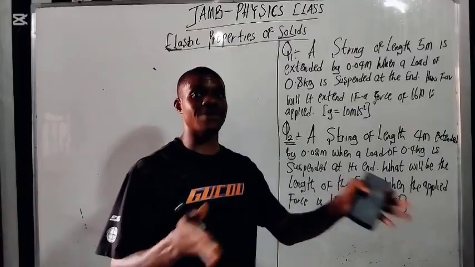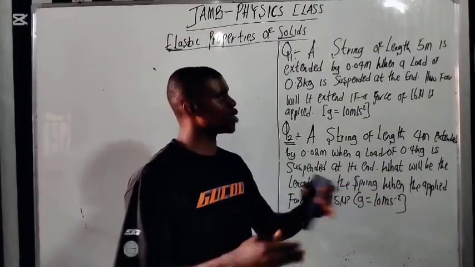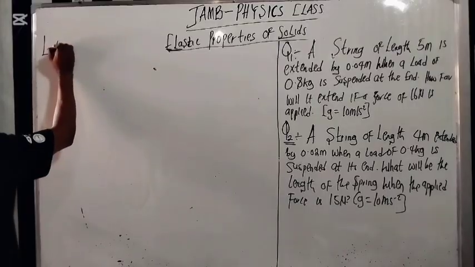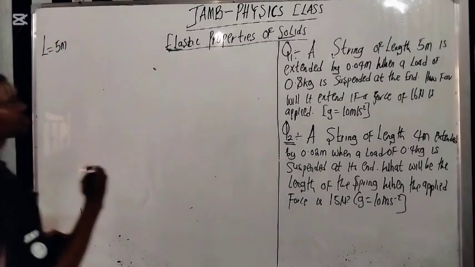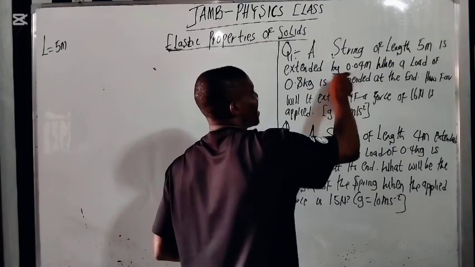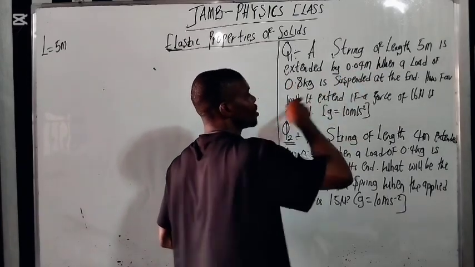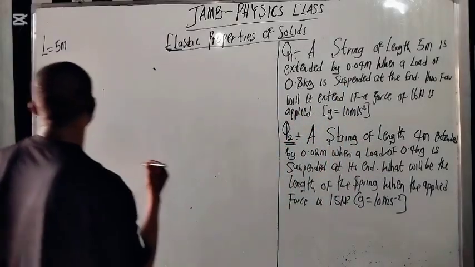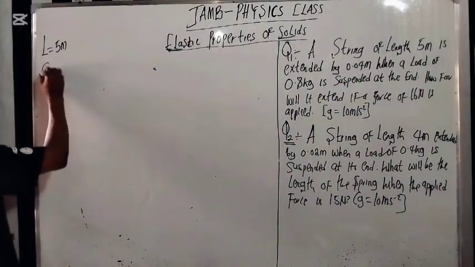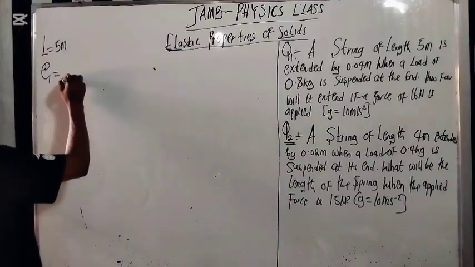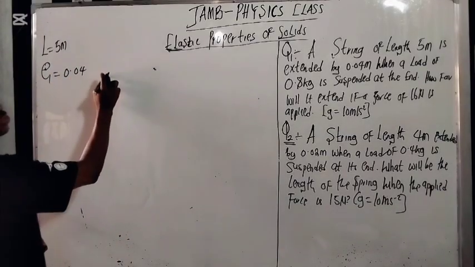The length of the spring is 5 meters, so we can say L is 5 meters. It is extended by 0.04. This is the extension, so it is going to be E1. My E1 is 0.04 meter.